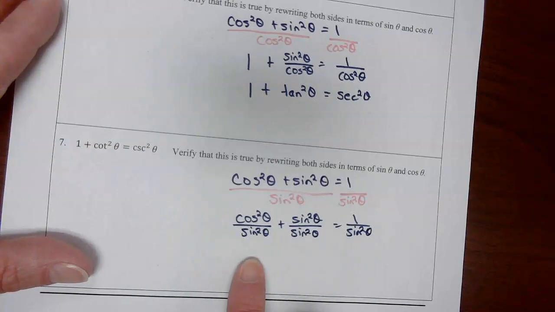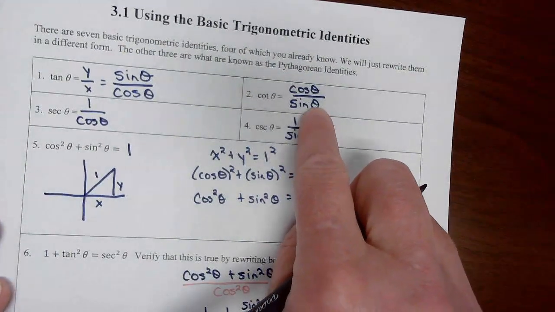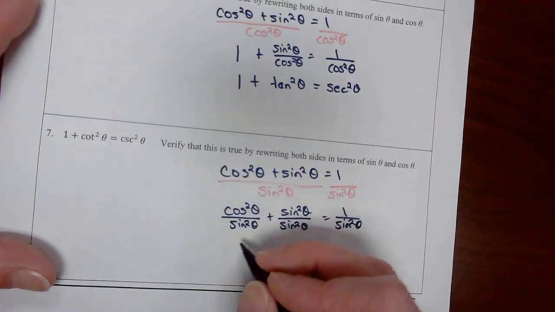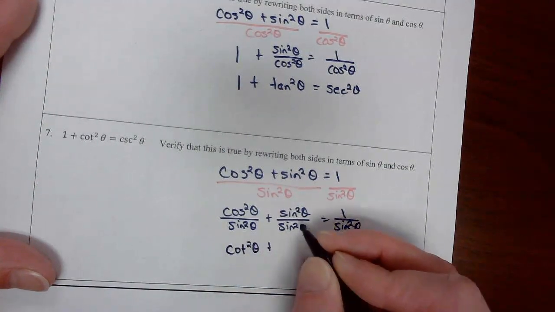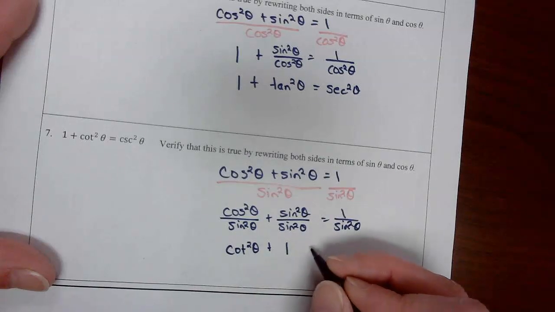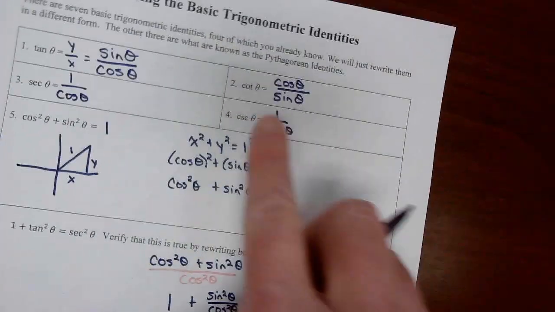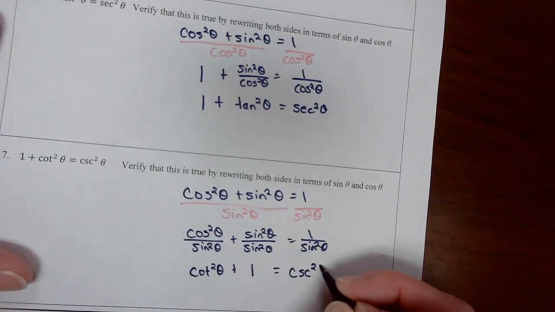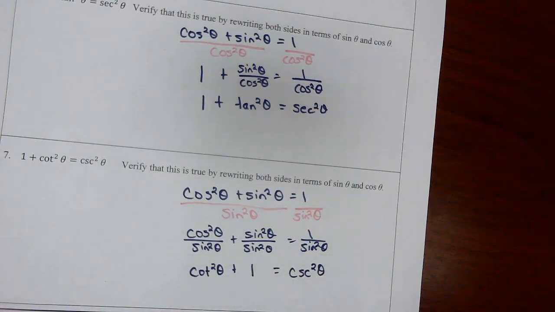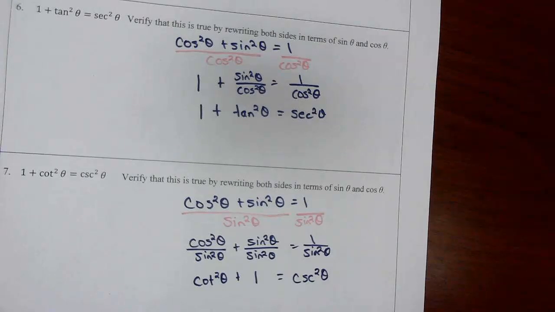Well, cosine over sine is cotangent, so cosine squared over sine squared would be cotangent squared. Sine squared divided by sine squared would be 1. 1 over sine is cosecant, so this is cosecant squared. Now, all of these properties are on your formula sheet. We just got to play with them.